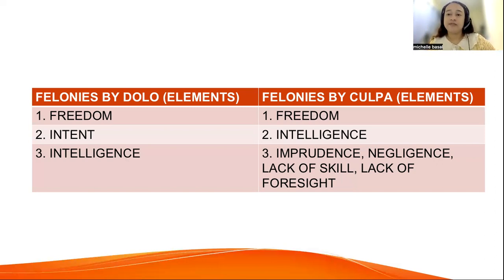Likewise, we also have exempting circumstances. When we talk about freedom, most of them are if the person who committed the crime did not have the freedom, in other words, he was compelled.